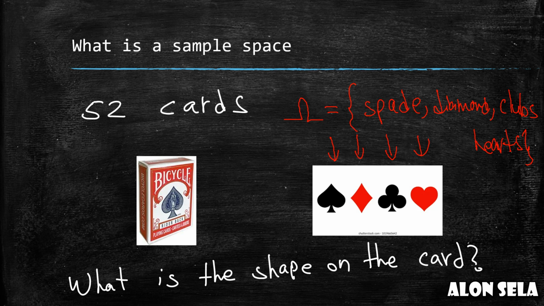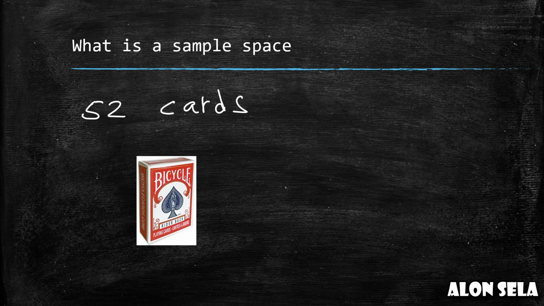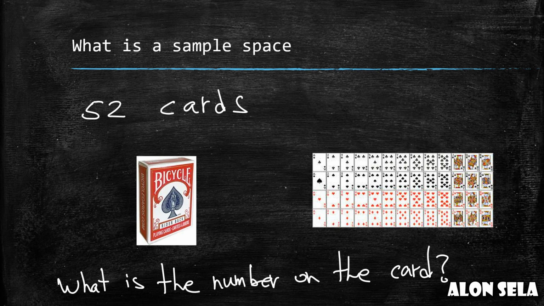Let's see another example. Let's say we have the same deck of cards, but now we can ask the question, what is the number on the card? As you might know, there are 13 possibilities: 1, 2, 3, 4, 5, 6, 7, 8, 9, 10, and let's say that the prince is 11, the queen is 12, and the king is 13.